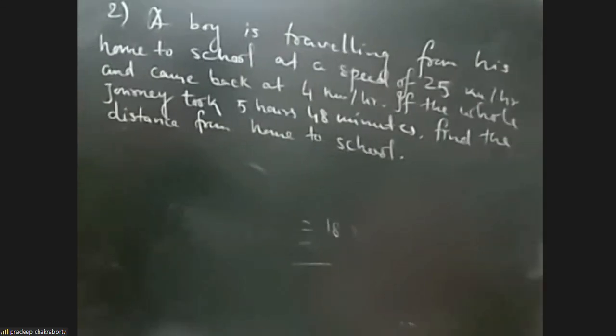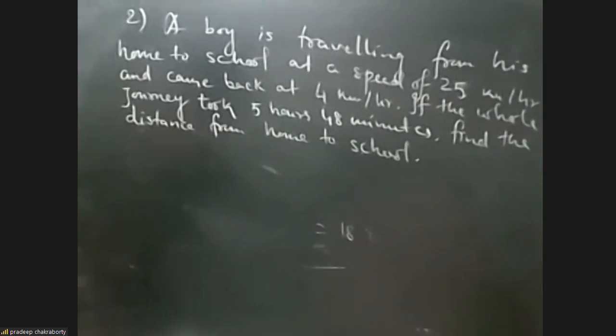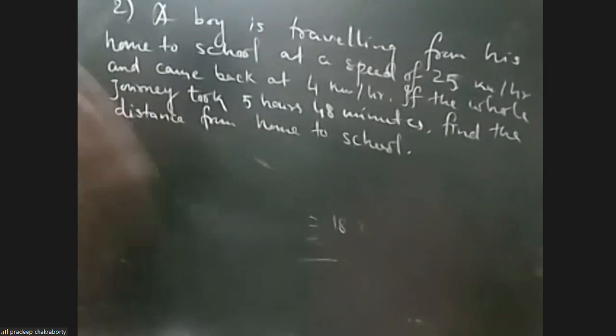So this is the question. A boy is traveling to school at a speed of 25 kilometers per hour and came back with a speed of 4 kilometers per hour. If the whole journey took 5 hours 48 minutes, find the distance from home to school.